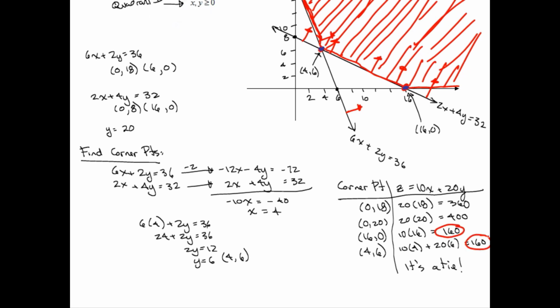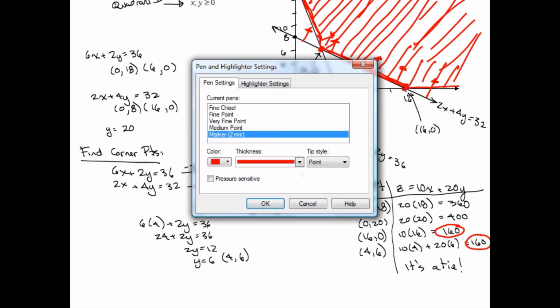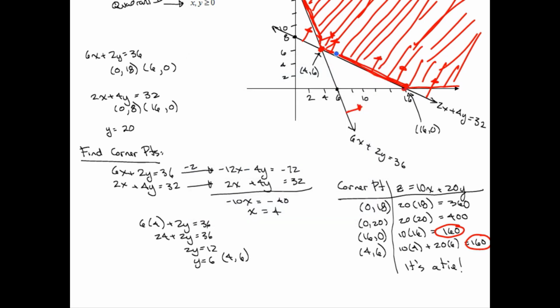Here we have a tie. These are the smallest numbers, and it occurs in two different places. So what I do is I find those points on here. Here's one of them, 16, 0, and the other one's at 4, 6. That means everywhere along here my z will be 160.